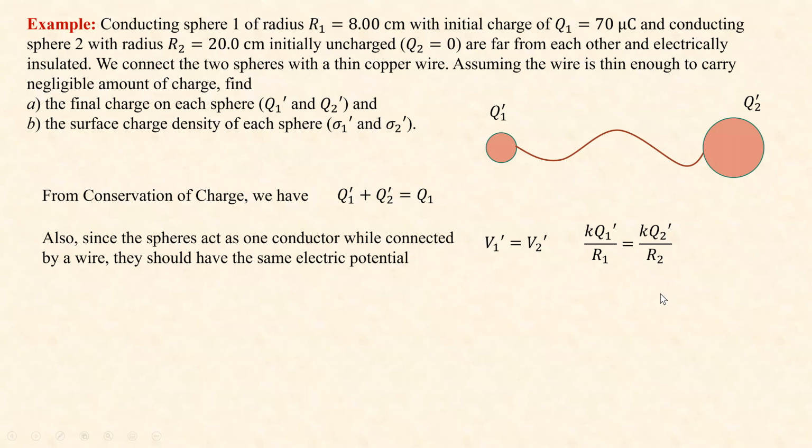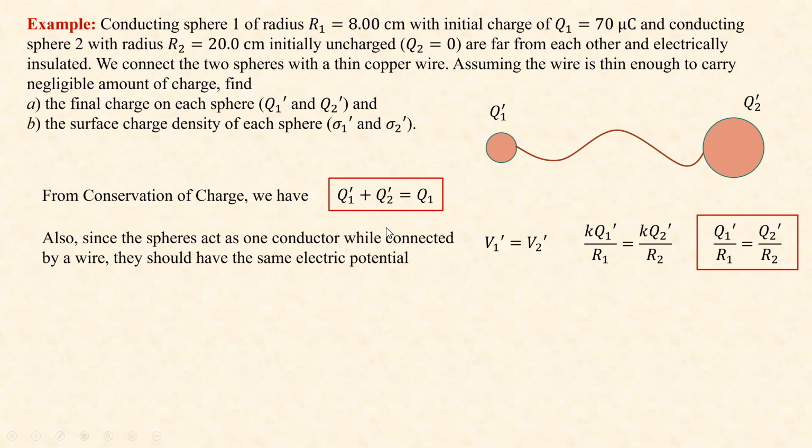That makes sense? Now, this gives us two equations to solve for two unknowns. You can cancel k, you get this equation and that equation. So these are the two equations to solve for Q1 prime and Q2 prime. So how do we do that? We can find Q2 prime from this equation and put it in there.